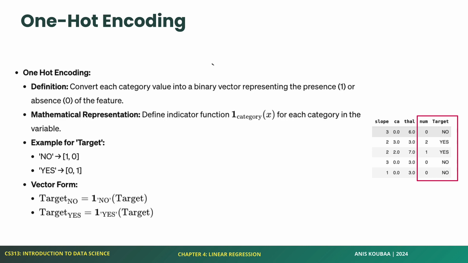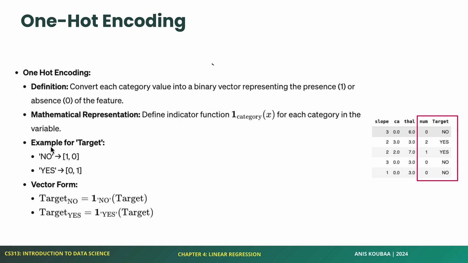So the solution is to use what we call one-hot encoding. One-hot encoding converts each categorical value into a binary vector, and not just a scalar value, representing the presence 1 or absence 0 of the feature.